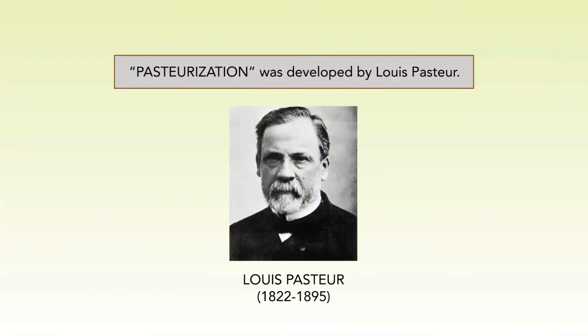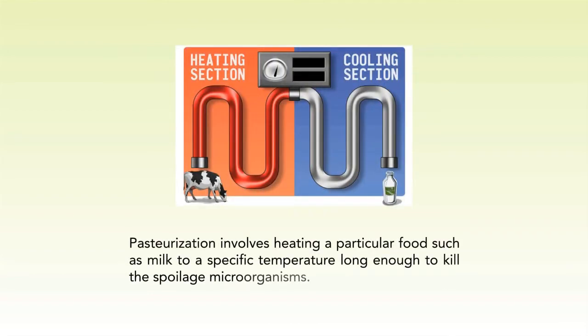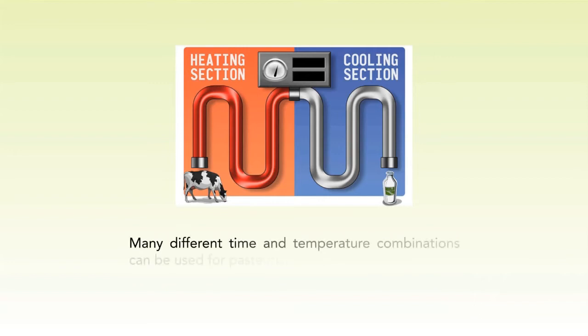Another method of heat sterilization, which we commonly call pasteurization, was developed by Louis Pasteur. Pasteurization involves heating a particular food, such as milk, to a specific temperature long enough to kill the spoilage microorganisms. Many different time and temperature combinations can be used for pasteurization.